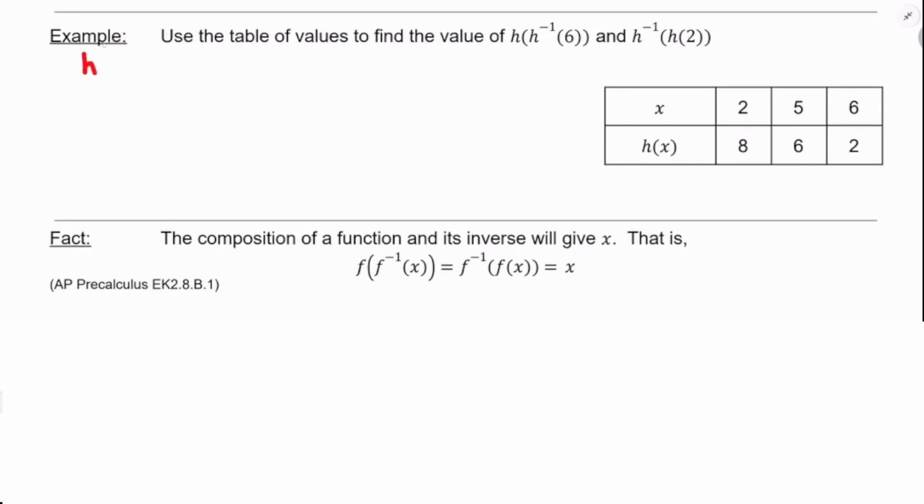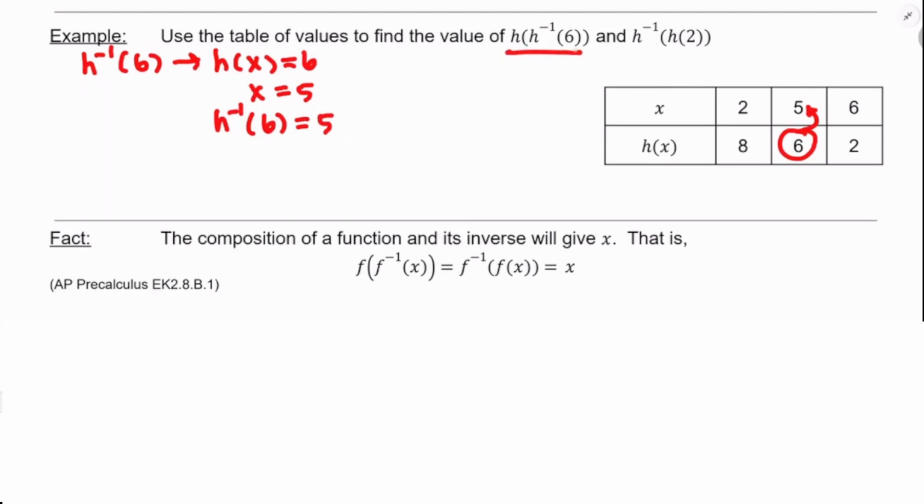First step on the left. So h inverse of 6, I'd recommend you just go ahead and say h of x equals 6 and solve that equation. I see h of x equaling 6 right there in that entry in the table. Backtrack to the x that got me there, that's x equals 5. So I would say h inverse of 6 equals 5.